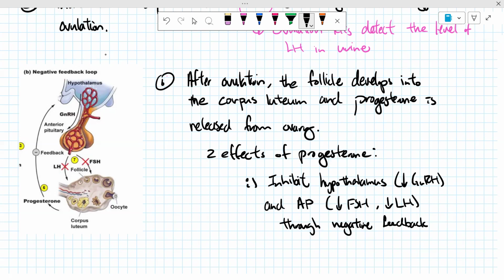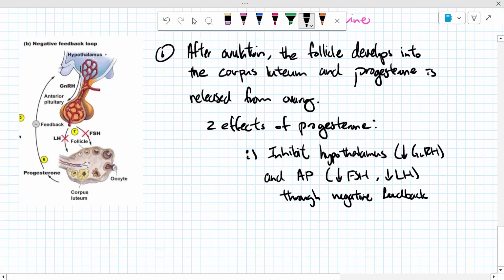Okay, it makes sense to not have FSH and LH anymore. The egg is already in the fallopian tube. We don't need another egg. Number 2, since the egg is already in the fallopian tube, there's a high chance for pregnancy, right?